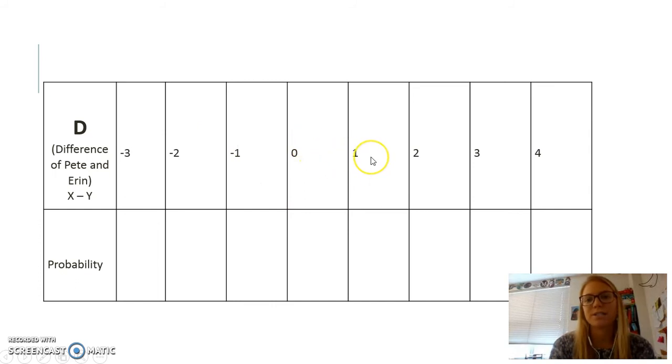If we went into Pete having more people, maybe this is 6 minus 5 or 5 minus 4. Lots of different possibilities there. But I want to figure out all of these possibilities with you in this video so we can figure out ultimately what happens to the mean and, more importantly, what happened to the standard deviation between Pete and Erin.